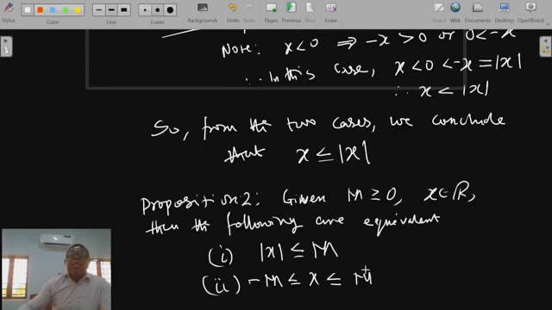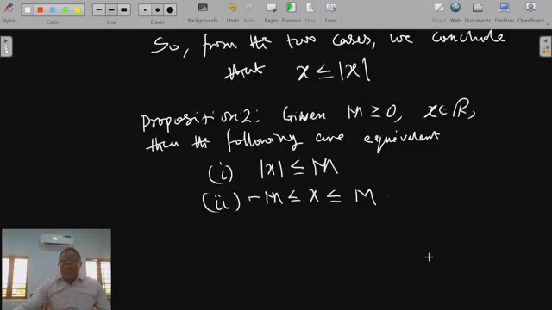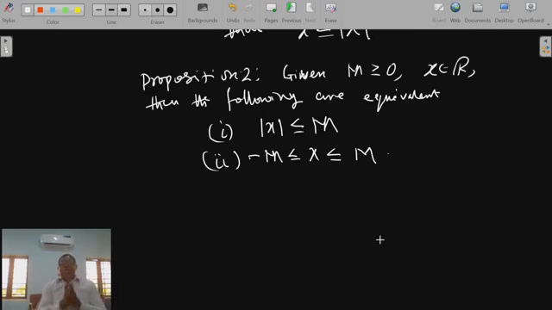So we are saying that these two are equivalent. So that's another important property of the absolute value function. And I will leave this for the listeners to justify. And the way to go is to assume that this is true and prove that this holds.